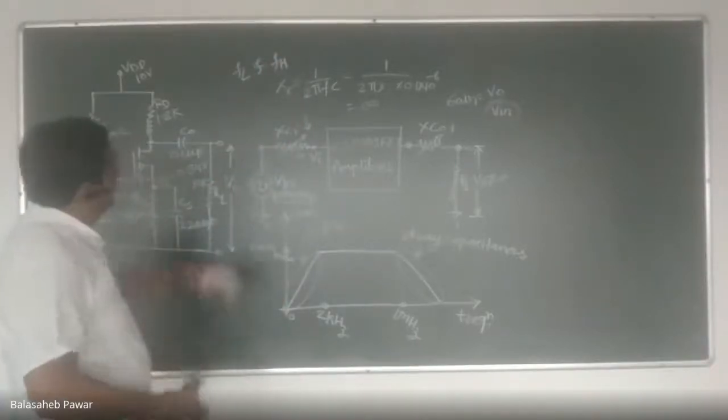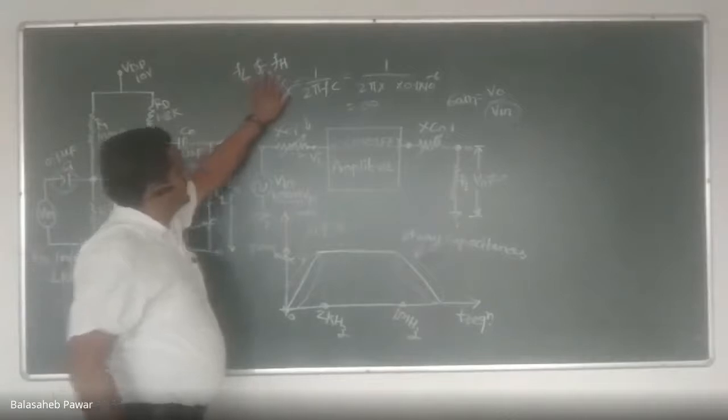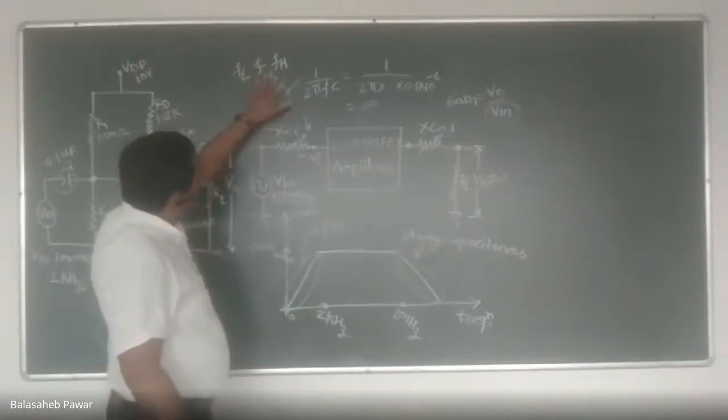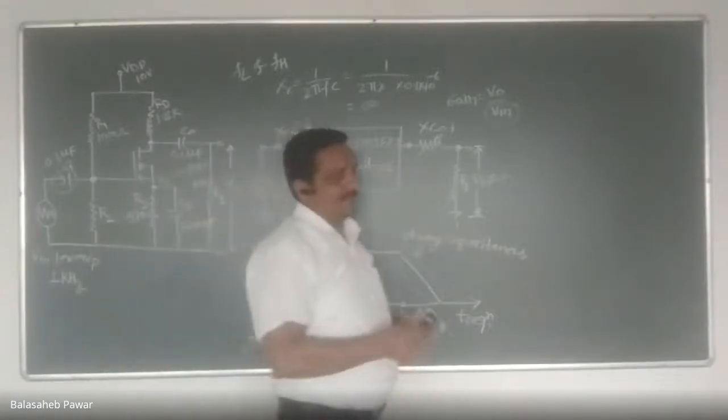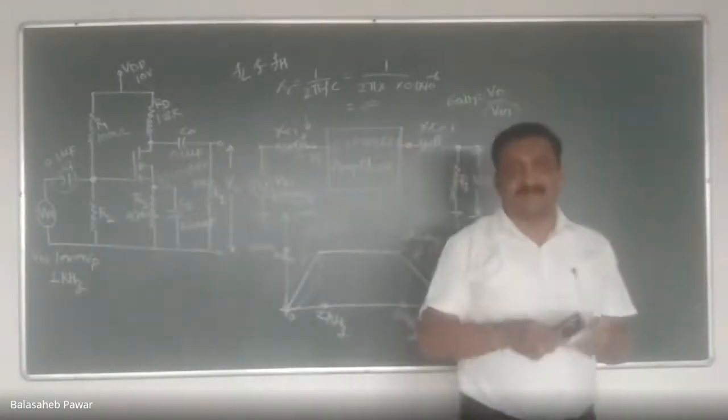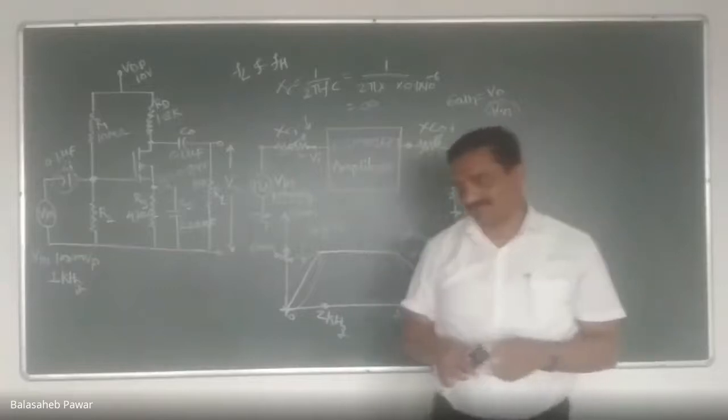FL is the lower cutoff frequency, FH is the higher cutoff frequency, and from these two frequencies we can determine one more parameter of that transistorized amplifier circuit, and that is bandwidth.